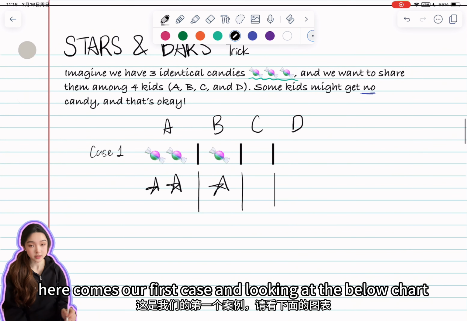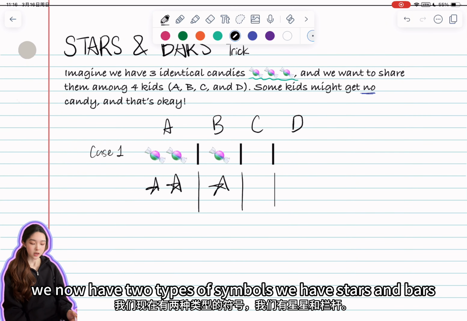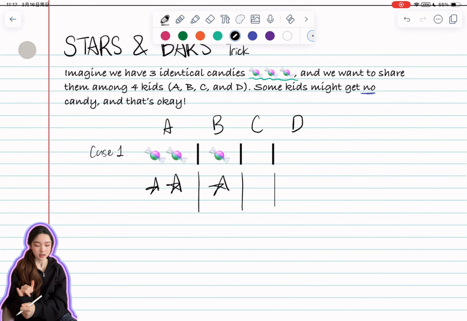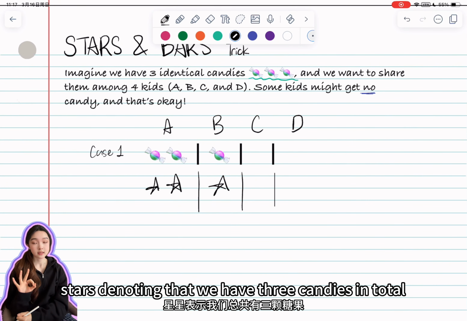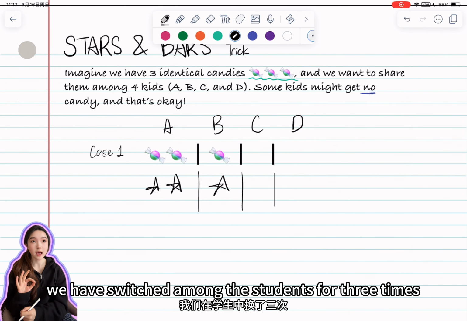Here comes our first case. Looking at the chart, we now have 2 types of symbols, stars and bars, and there's a total of 6 of them. 3 stars denote that we have 3 candies in total, and 3 bars denote that we have switched among the students 3 times.